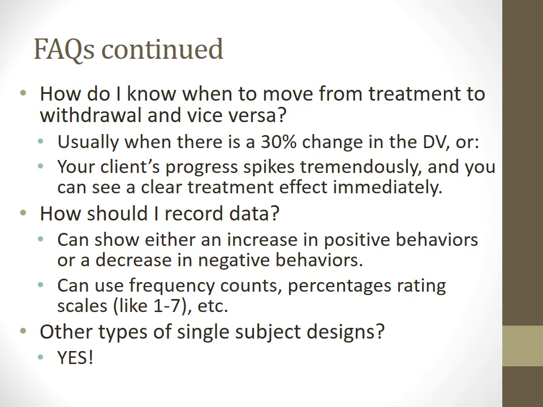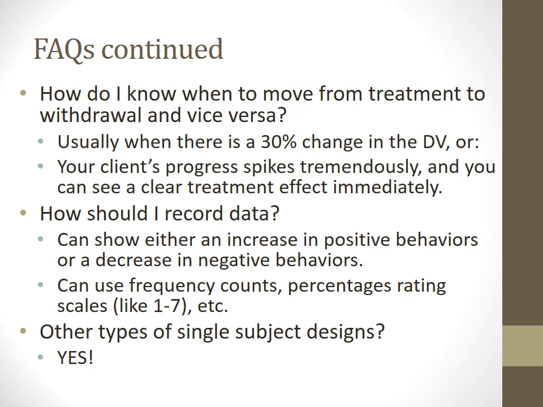And along those same lines, another issue that sometimes happens is that we have a stable baseline. We may introduce treatment and the client's performance improves very dramatically. Like, let's say they go from having 40% of the target behavior at baseline to 100% the day that you begin treatment.